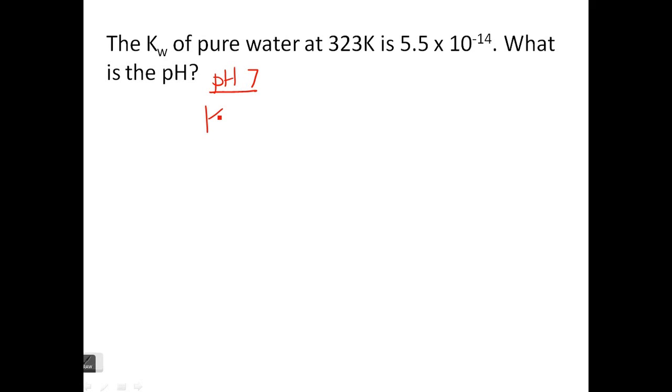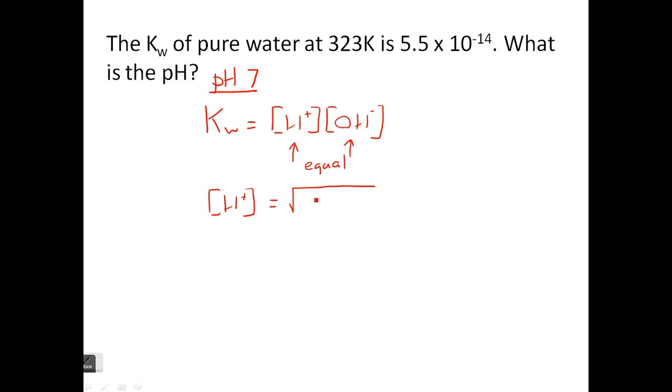So you can write your expression for Kw, which is H plus multiplied by the concentration of OH negative. Now like I said before, in pure water the concentrations are equal. So we can take the square root of the Kw, so concentration equals the square root of 5.5 times 10 to the negative 14.